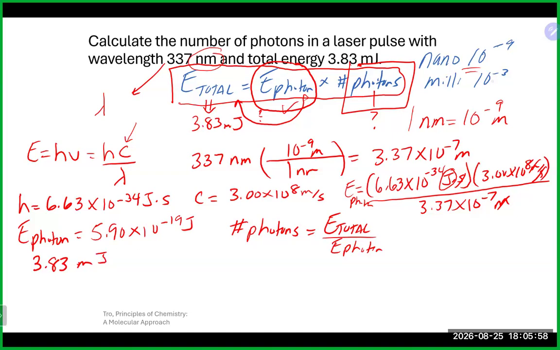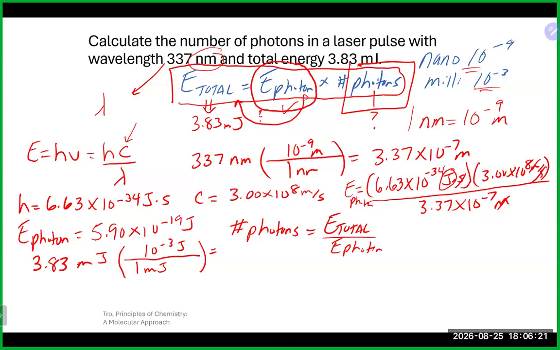You could use the 10 to the minus 3 if you like, or there's 1,000 millijoules in a joule. You could also use that conversion if you want to, like 1,000 milliliters in a liter works the same way. So we'll go 1 millijoule is 10 to the minus 3 joules. That's going to give us our total energy in the correct units, hopefully.